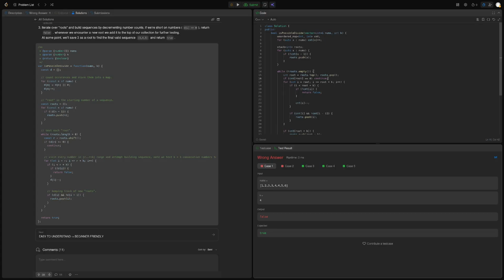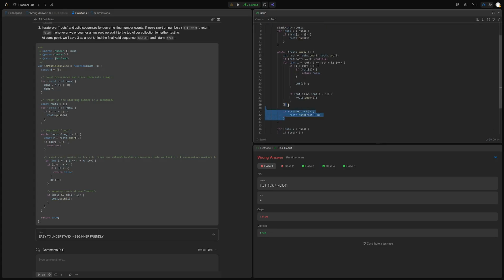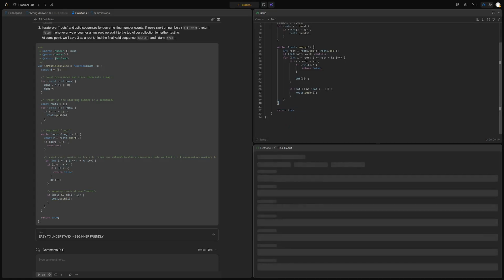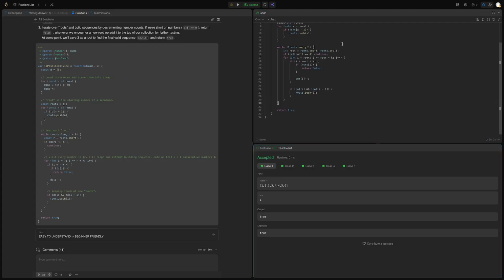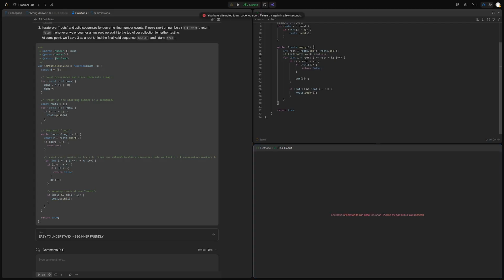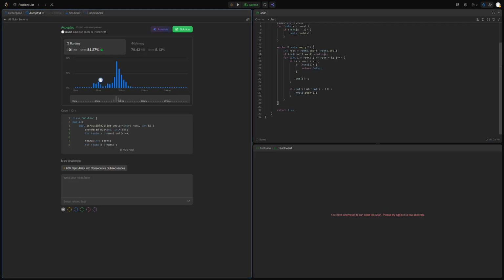If not count i, return false, else count i minus. Yeah, because this is extra and this is extra. Okay. If I remove this. I mean, it's barely faster, to be honest, even though it's O(n).